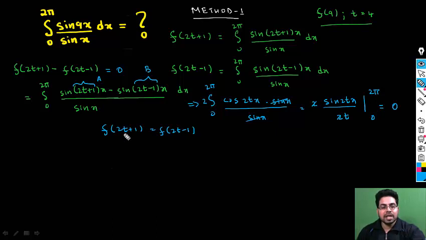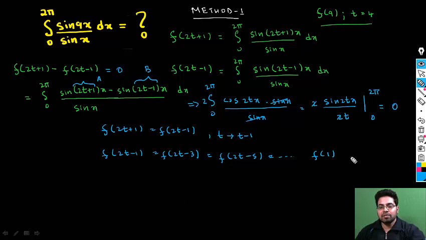Now if I replace t with t minus 1, this expression would become f of 2t minus 1 is equal to f of 2t minus 3. Similarly, if I go on replacing t with t minus 1, I will get this to be equal to f of 2t minus 5 and so on till f of 1.